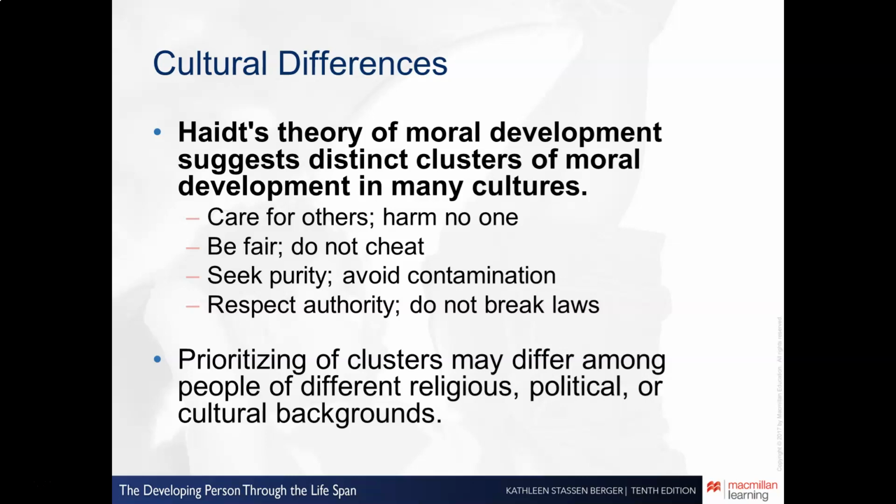They give some examples, like care for others, be fair, don't cheat, be pure, seek purity, avoid contamination, respect authority, don't break laws, things like that. Those are fairly common clusters of moral development across different cultures.